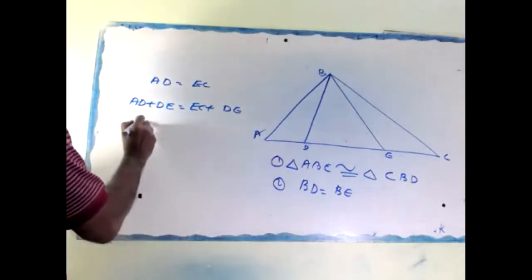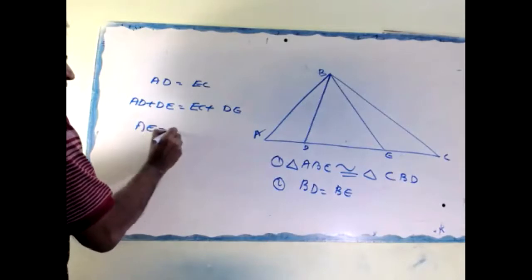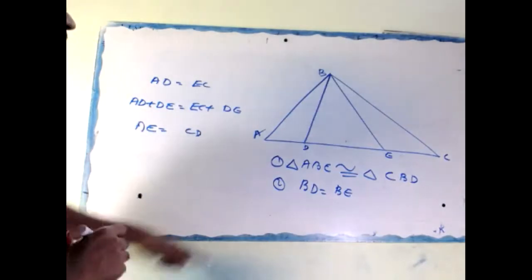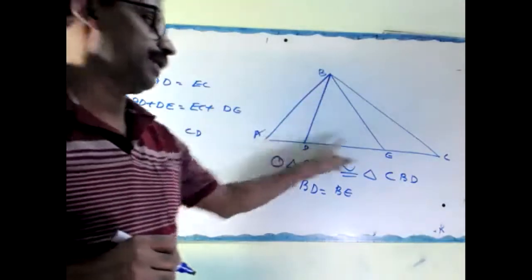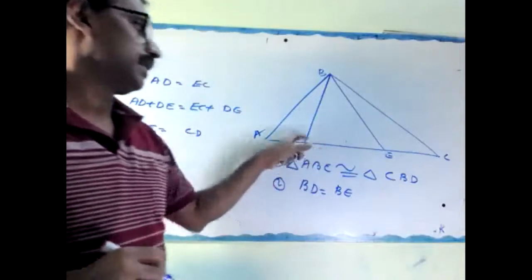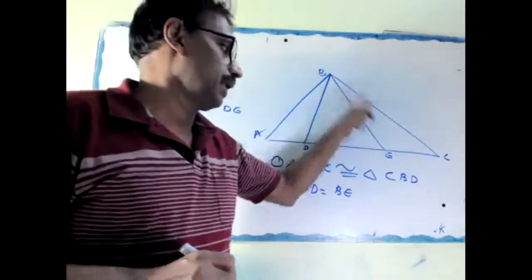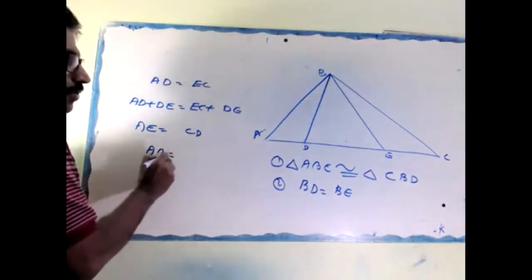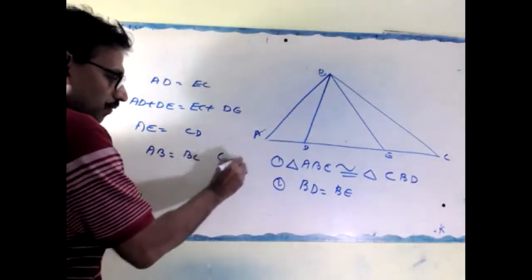That is AE equal to CD. After that, in triangle ABE and CBD, AB equal to BC, given.